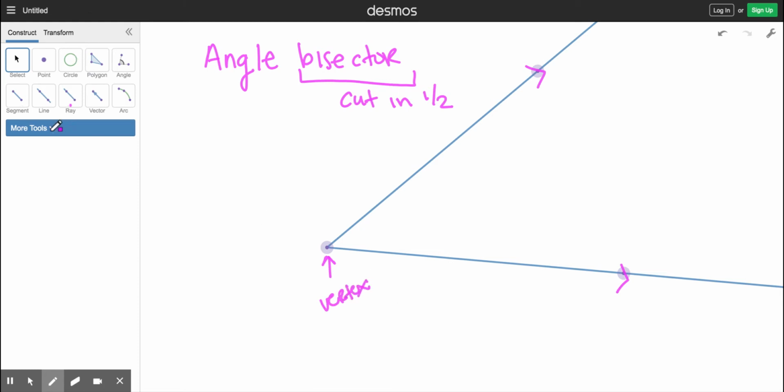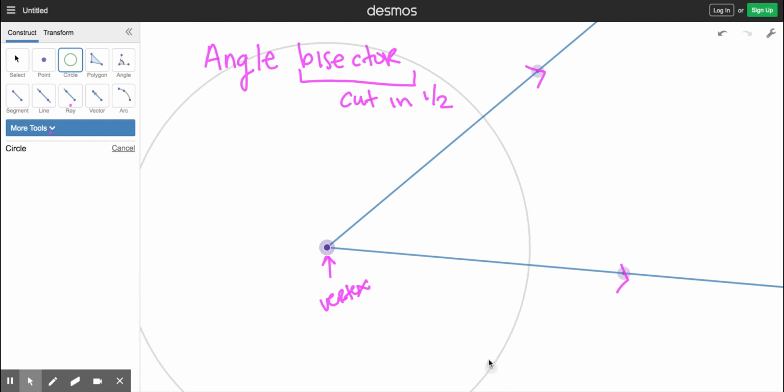I keep forgetting to switch back. I'm going to go ahead and grab this circle tool. This is going to be the center of my circle, and I'm going to create a circle. I don't care about that other point, so it's not super impactful.